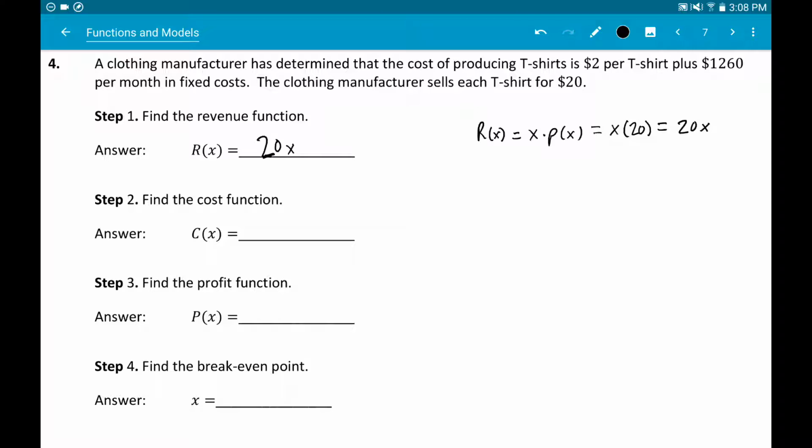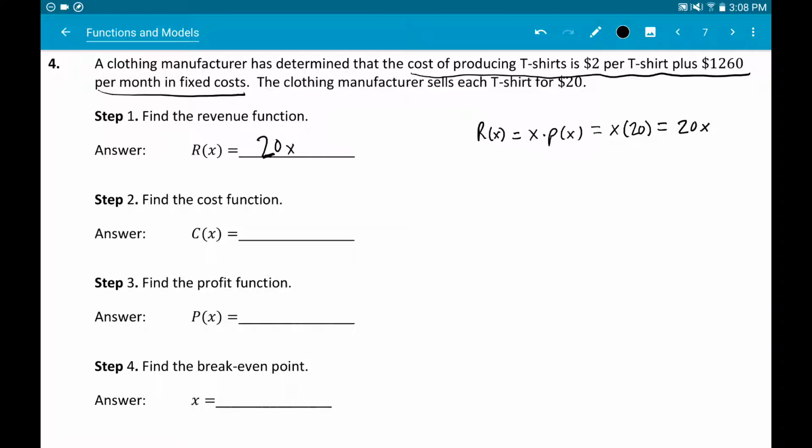Step 2, the cost function. We've got to be a little more careful here because notice in the first sentence it says the cost of producing t-shirts is $2 per t-shirt plus $1,260 per month in fixed costs. You've got 2 different costs there. $2 per t-shirt, that's what you would call a unit cost or a per item cost.